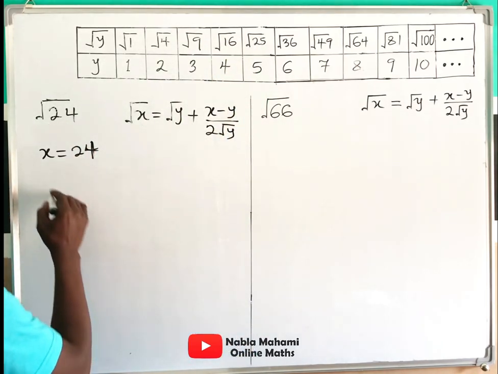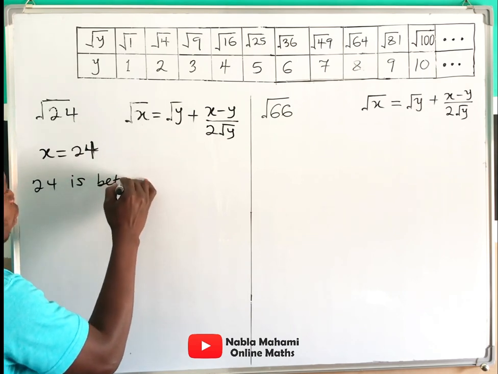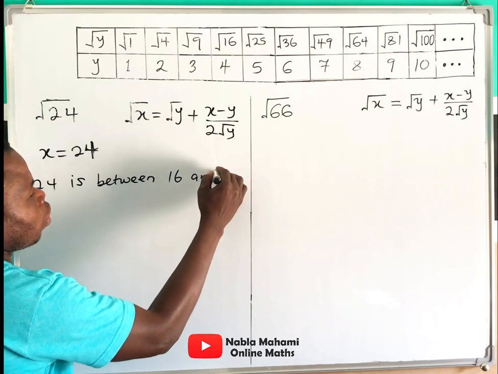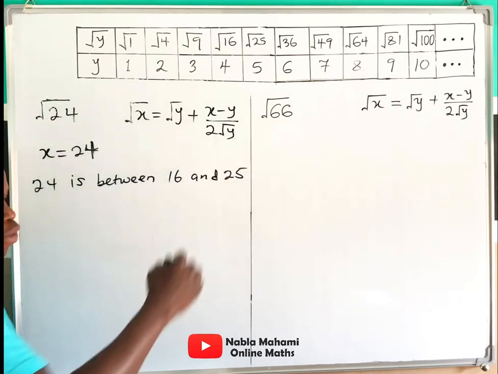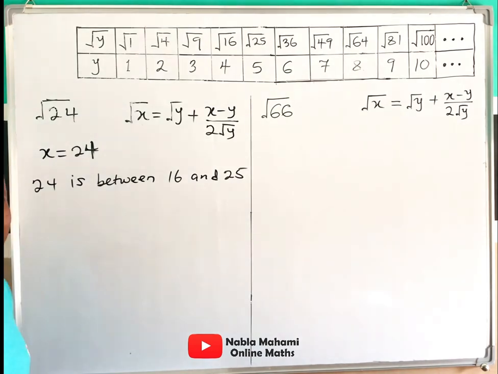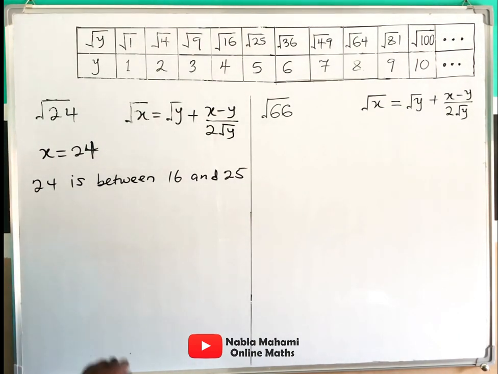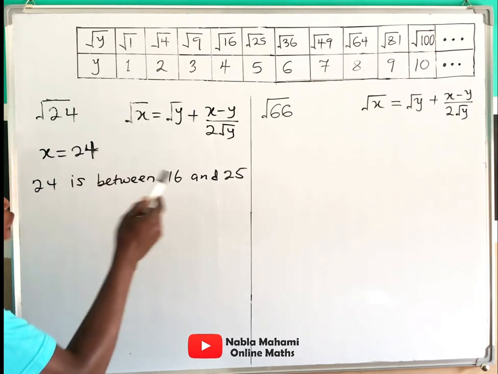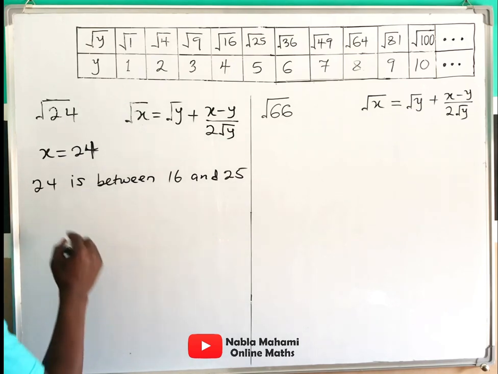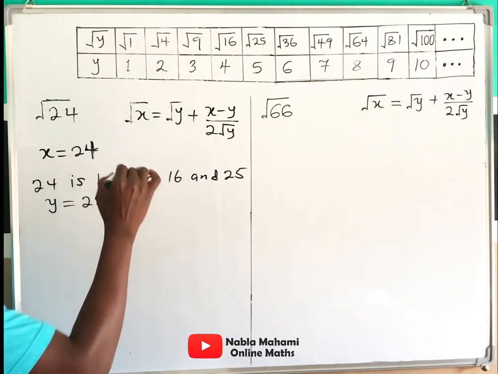So I'll write 24 is between 16 and 25. And your y value will be the number that is closer to the number that you are going to find its square root. The number that we are going to find its square root is 24, and you can see that 25 is closer to 24 than 16. So it means that my y will be equal to 25.